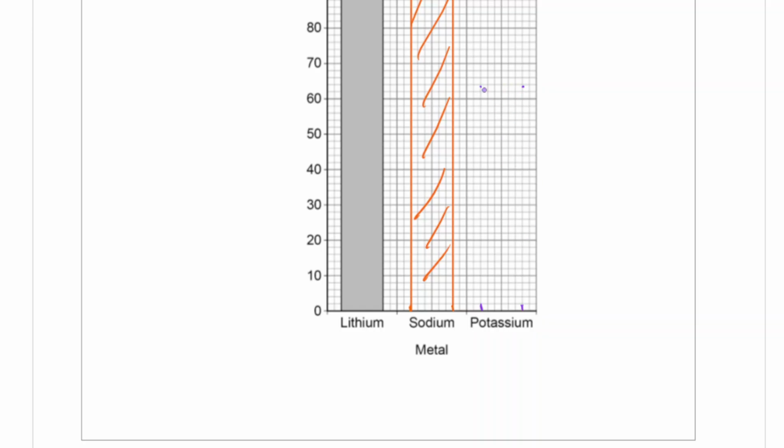Right? So you need to make sure that you are drawing a straight line. Halfway, and then straight down.